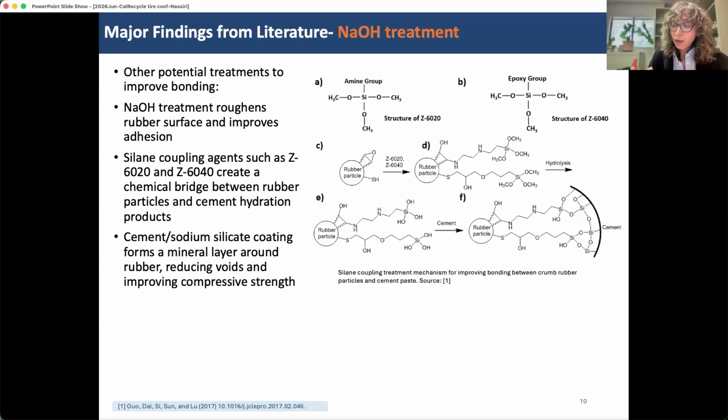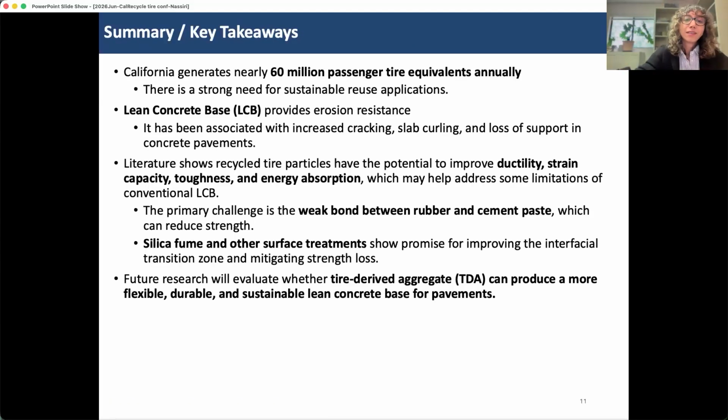So if we can, by some kind of mild treatment that in itself is not imposing significant negative environmental impacts, improve that strength, so the construction can still carry on at that time frame that is desired for a rapid construction lifestyle that we're in this day and age, but at the same time get benefits of flexibility from TDA. That is really the ideal outcome of this project. So we have our standards set quite high, and we're looking to see how challenging this path is going to be, while keeping an eye on literature and some of the results that are available.